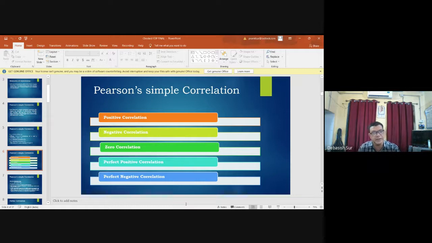They are independent. So here also, generally where zero correlation is expected, but if we find any correlation mathematically, then the correlation is called spurious correlation or nonsense correlation.